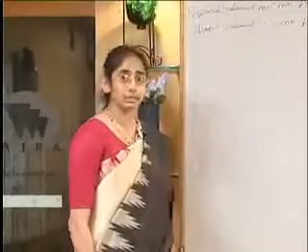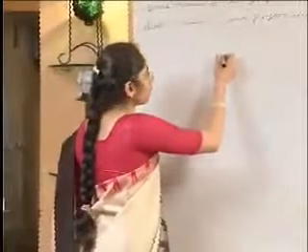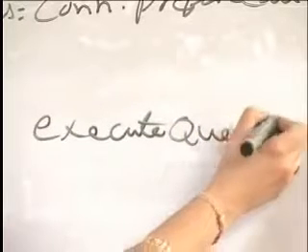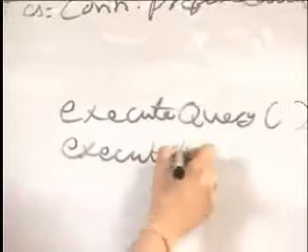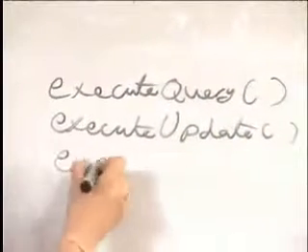So once you have a statement object, then using the statement object, you can call the execute methods. There are three types of execute methods. You have execute query, execute update, and execute method.